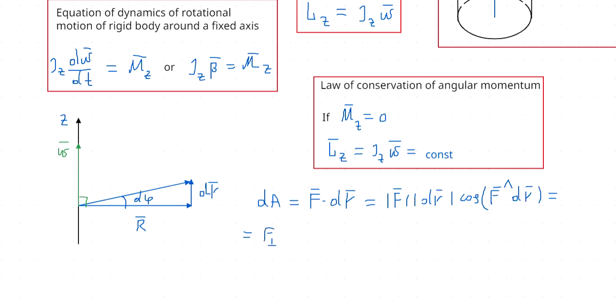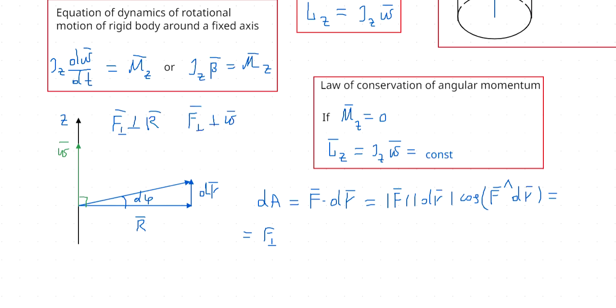What is F perpendicular? As you can remember from our previous lecture, F perpendicular is a vector that is perpendicular to the r, and F perpendicular is perpendicular to omega.